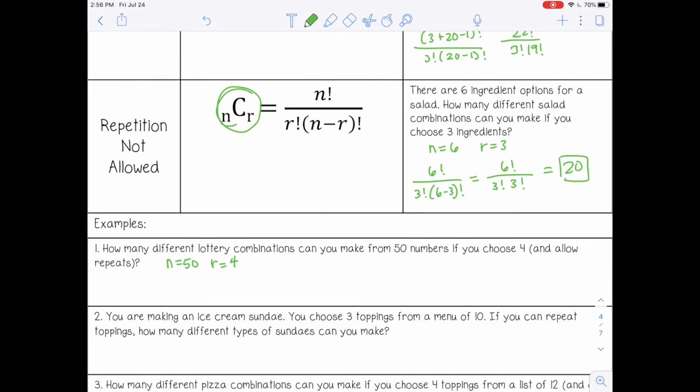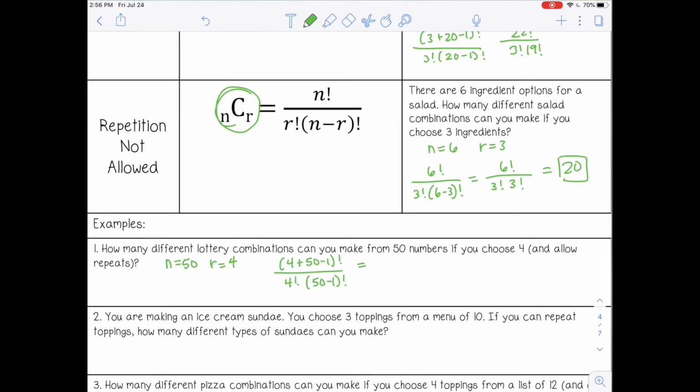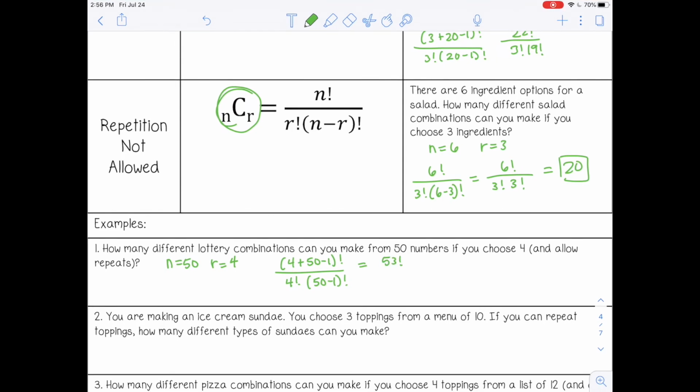So 4 plus 50 minus 1 factorial, all right, and that's going to simplify to 53, 4, and 49.